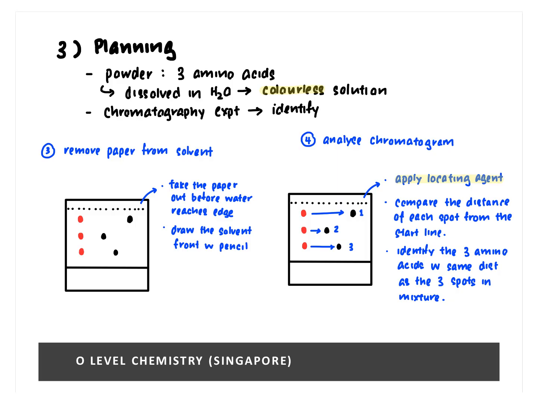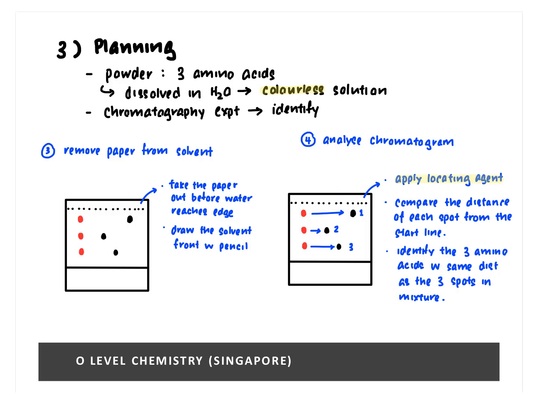And then after the spots become colored, we need to compare the distance of each spot from the start line, and spots that moved up by the same distance correspond to the same amino acid.